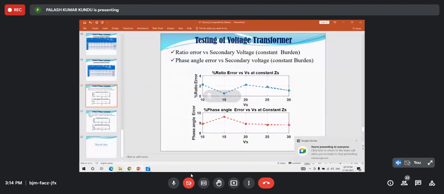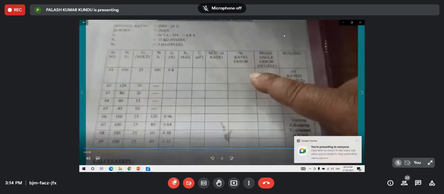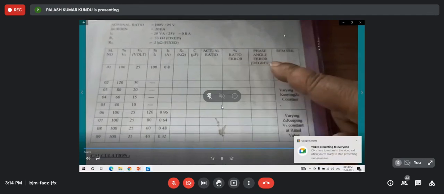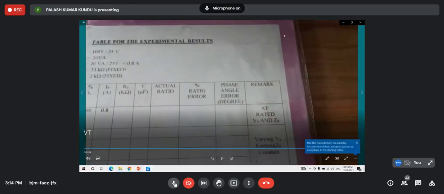Now the actual ratio, then percentage ratio error, you only watch that video. You play it from your end because that has been shared by giving a shared link, so I think you can listen to the audio. Otherwise, the procedure is like that.